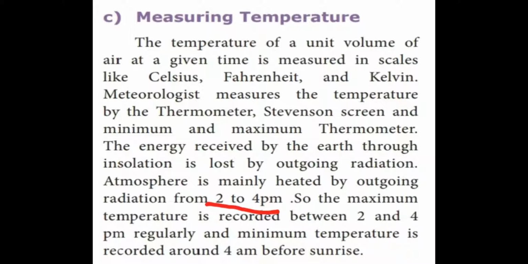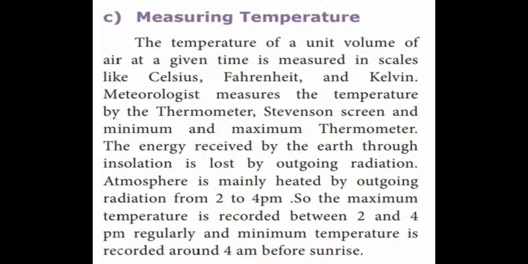From 2 to 4 p.m., what is happening? Outgoing radiation is occurring. So, the maximum temperature is recorded between 2 and 4 p.m. regularly, and the minimum temperature is recorded around 4 a.m.